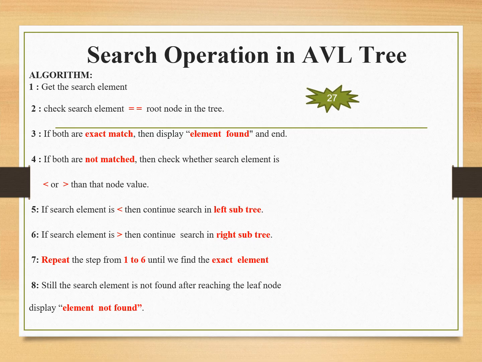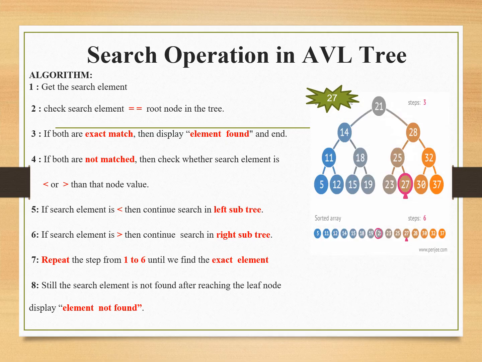So here is a picture to depict how searching is performed. Let the element to be searched be 27 and we have a tree structure here. The root node is 21. 21 is compared with 27. 27 is greater than 21, therefore we are moving to the right. So if we move to the right, it is 28.